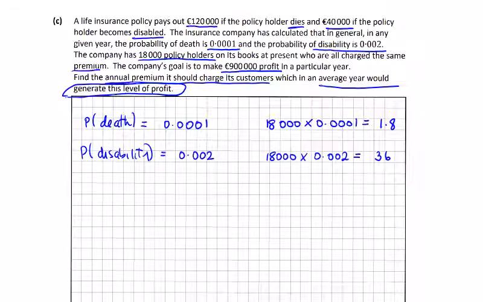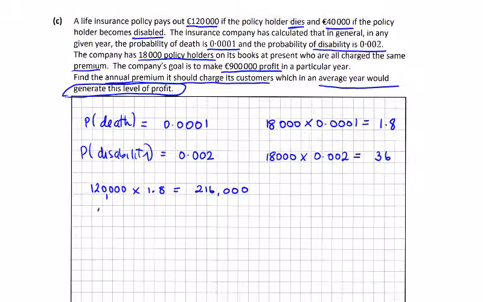So how much are they going to have to pay out? Now we're dealing in on average here in the long run. So 120,000 we're going to have to pay out 1.8 times, and 120,000 by 1.8 is 216,000 on average.